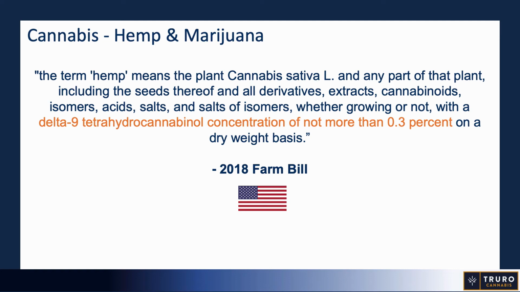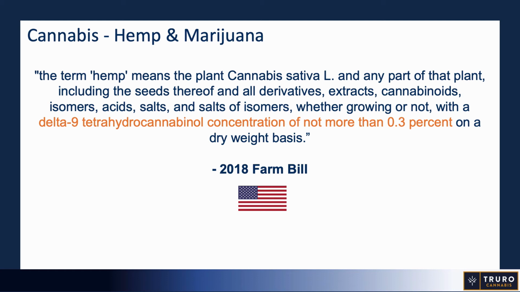In Canada, cannabis plants that exceed the 0.3% threshold are classified as marijuana. They are regulated according to the Cannabis Act of 2018. Hemp is now regulated under the same act. In the US, cannabis plants that exceed the 0.3% threshold are also classified as marijuana, but marijuana is not exempt from the Controlled Substances Act in the United States.